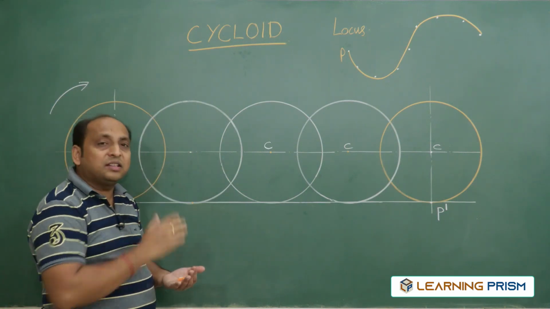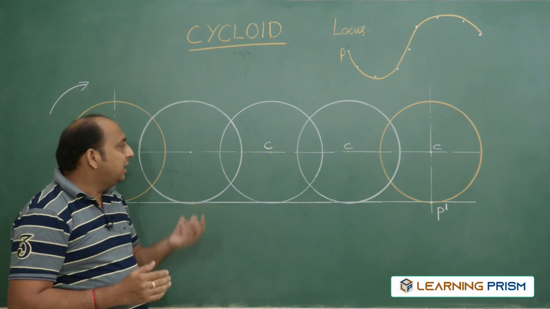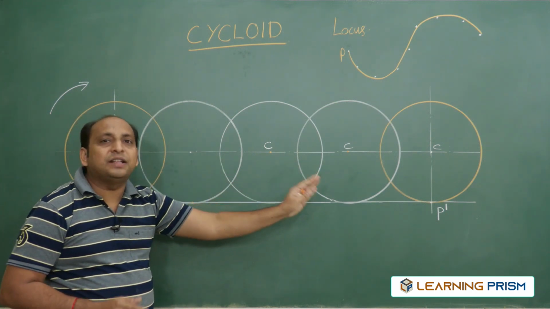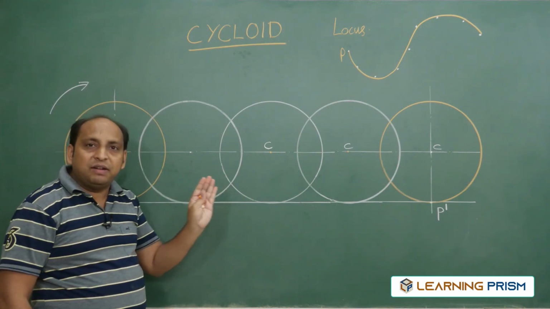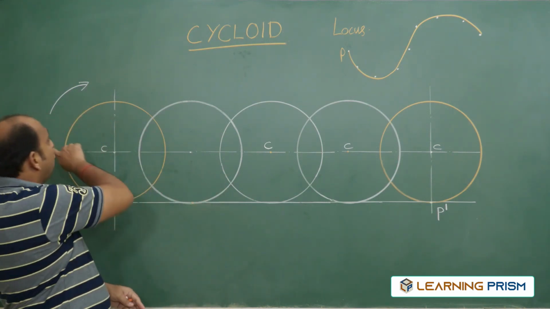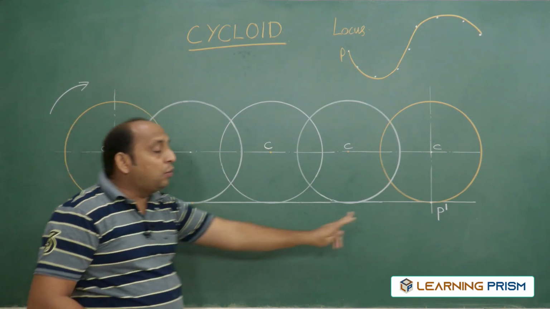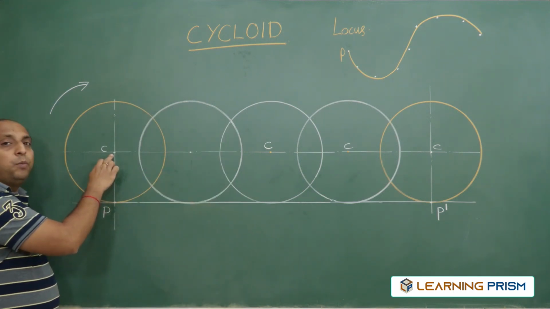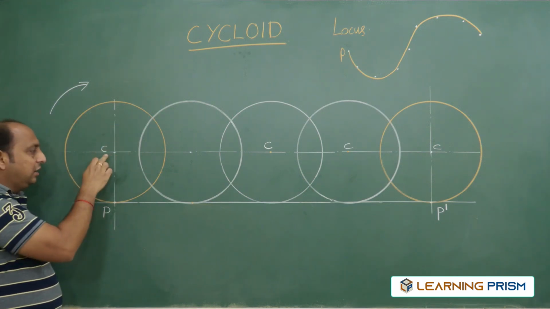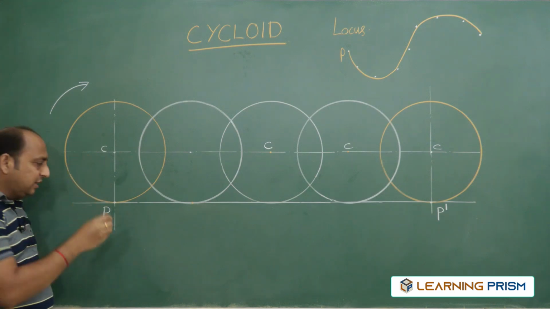To draw the locus of that particular point, I will be considering intermediate positions of the circle when it is rolling. For our example, I will consider that the circle is rolling in clockwise direction for 1 revolution. Considering the position of the center of this circle with respect to P, this position as 0 degrees.